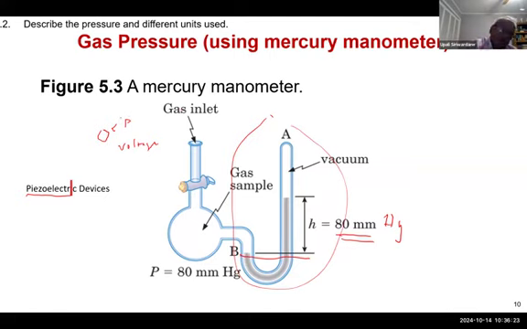Therefore, most of the devices measuring pressure use piezoelectric crystals. In our vehicles, in our applications, pressure is measured by piezoelectric devices. Therefore, it's directly measured by the current produced by the pressure.